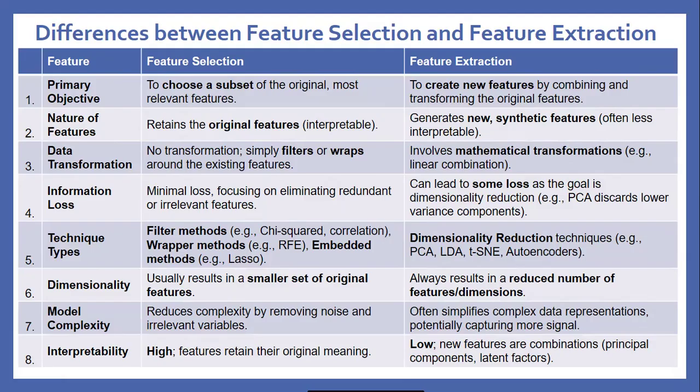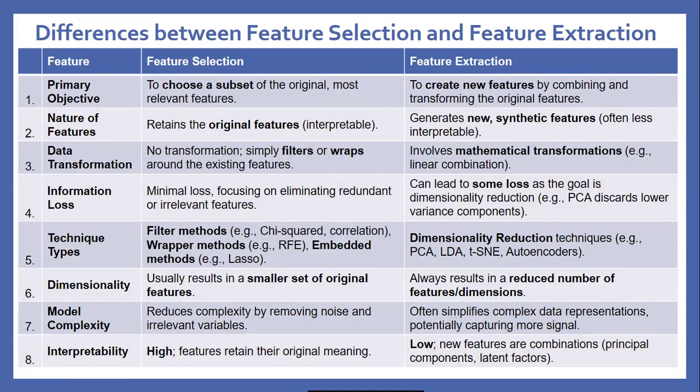In feature extraction, dimensionality reduction techniques, for example PCA, LDA, t-SNE, autoencoder. Dimensionality: in feature selection, usually the result is a smaller set of original features. Feature extraction always results in a reduced number of feature dimensions. Model complexity: feature selection reduces complexity by removing noise and irrelevant variables.